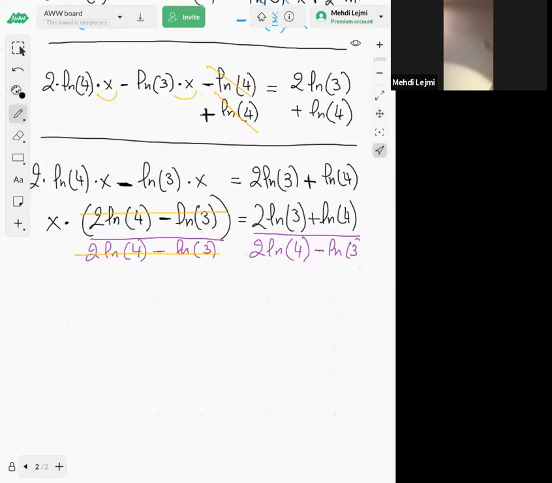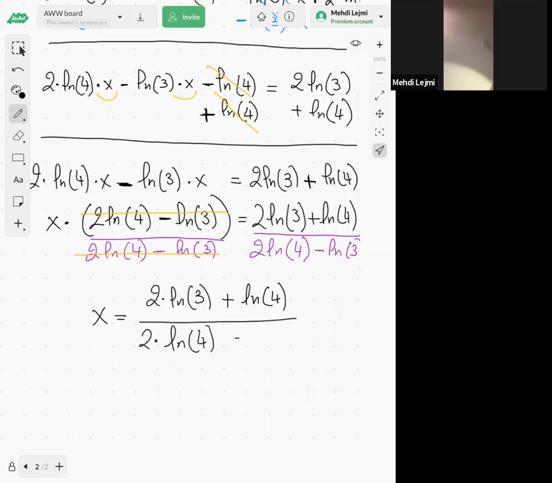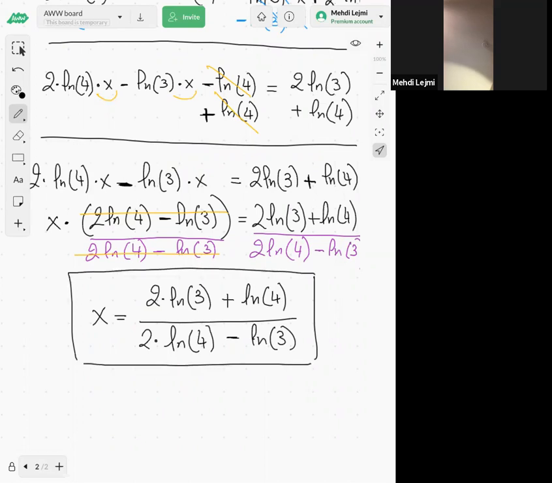So then your solution, your x would be 2 times some decimal, natural log of 3 plus another decimal, which is natural log of 4, over 2 times another decimal, natural log of 4 minus this natural log of 3. And that would be a fine answer, actually.